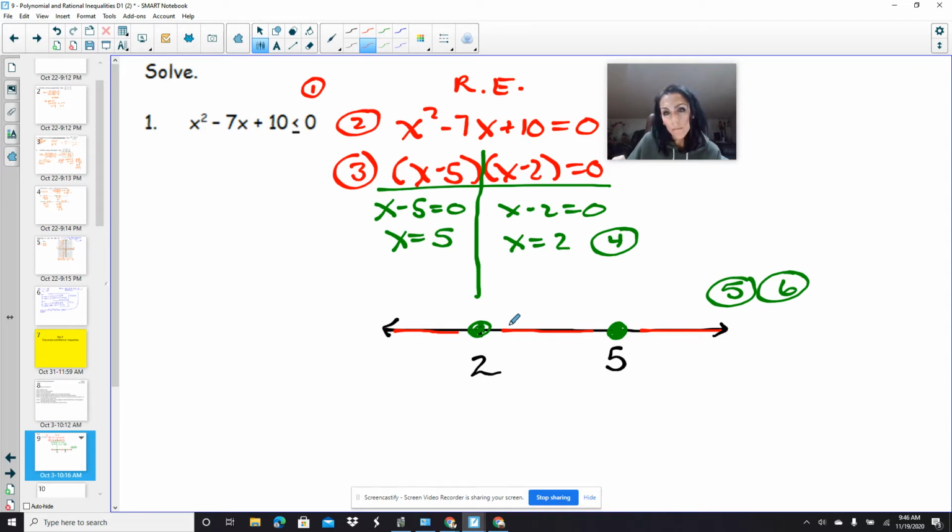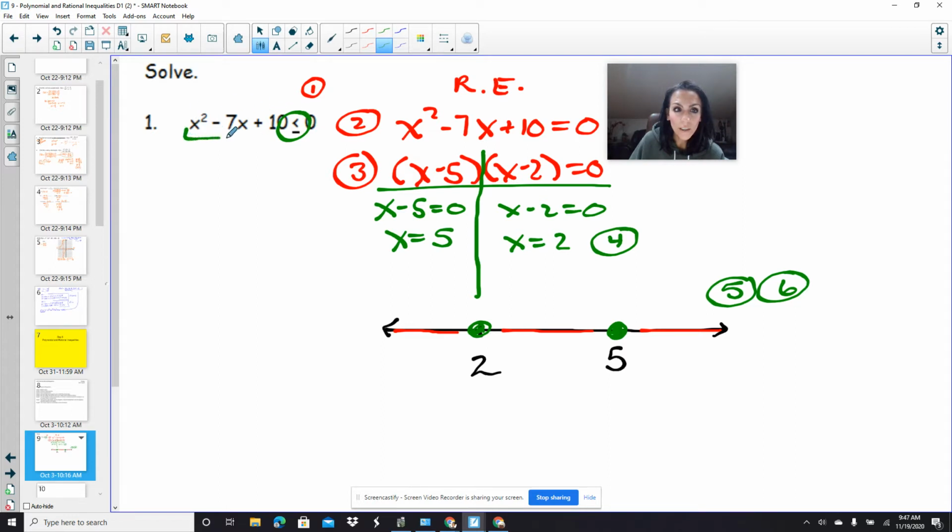In my opinion, that's maybe a little bit more work than the second idea that I'm about to share with you. The second idea is to consider the signs, positive and negative. If we go back up here, we are looking for values that are less than or equal to 0.